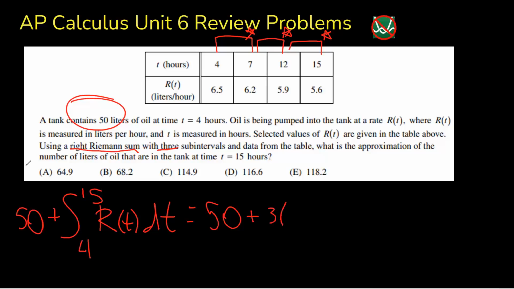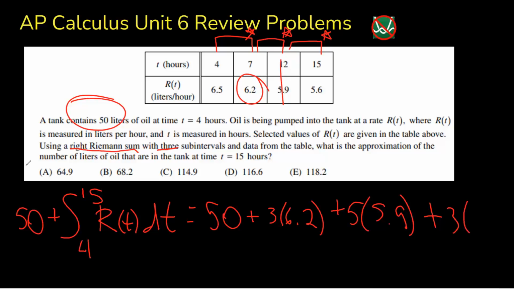So we'll have 50 plus, the first subinterval goes from 4 to 7, so that's 3 units wide. The right endpoint is at 6.2, so we're using that value. The next subinterval goes from 7 to 12, so that is 5 units wide. The right endpoint at 12 gives us 5.9. And then the last subinterval goes from 12 to 15. That's 3 units wide. The right endpoint is at 5.6.